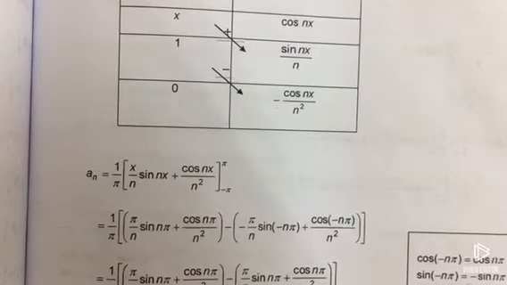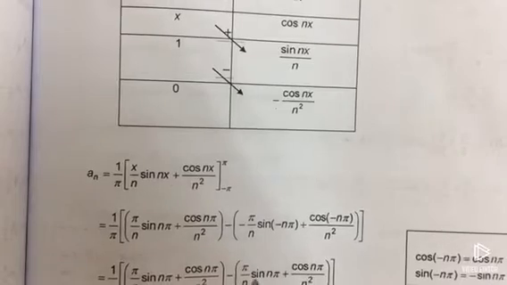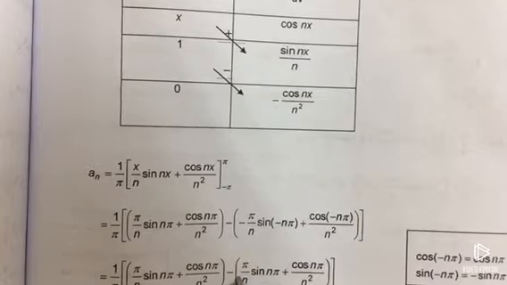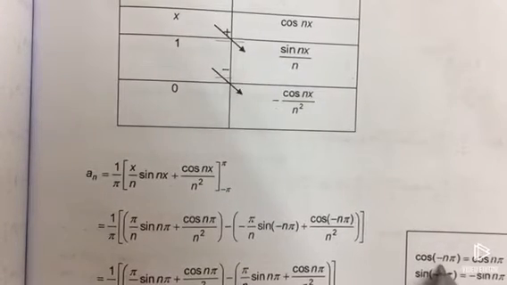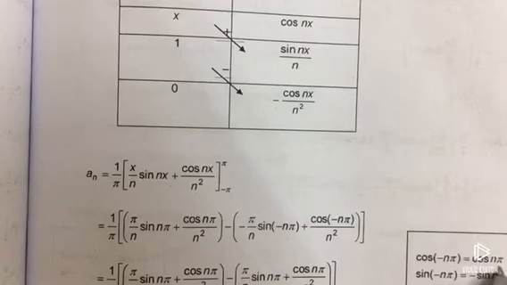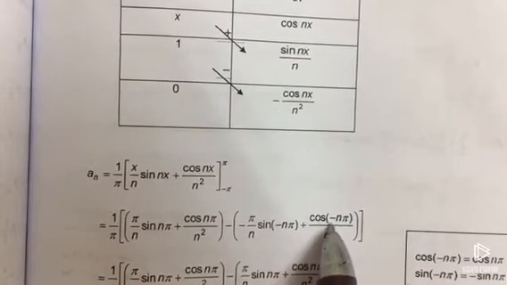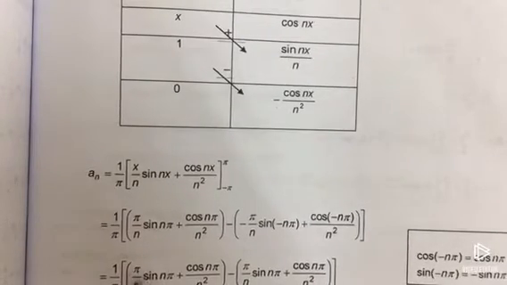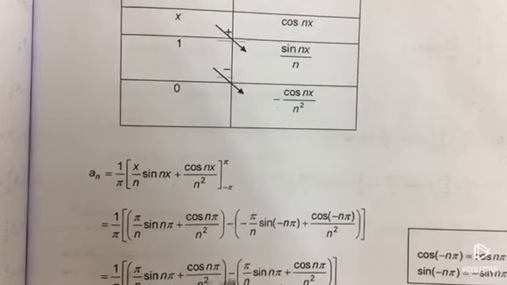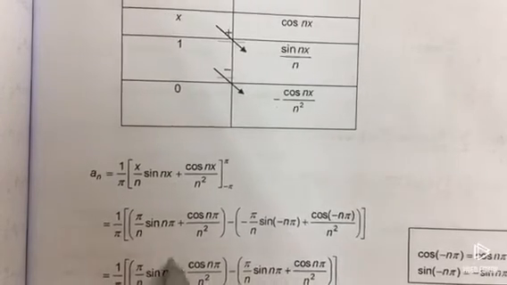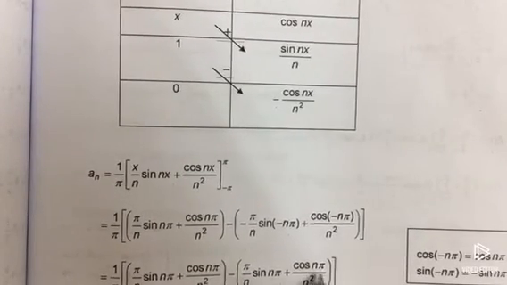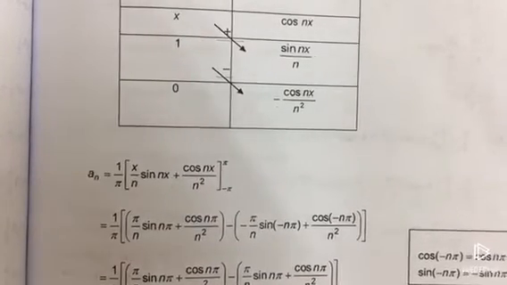Sine negative n pi can be written as negative sine n pi, so negative, negative, positive. And cos negative n pi equal to cos n pi. Now pi over n sin n pi minus pi over n sin n pi equal to 0, and cos n pi over n squared minus cos n pi over n squared equal to 0. So the answer is equal to 0.